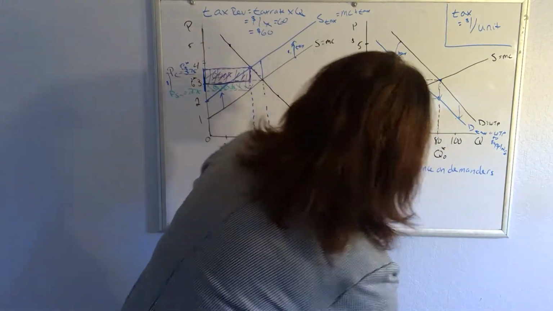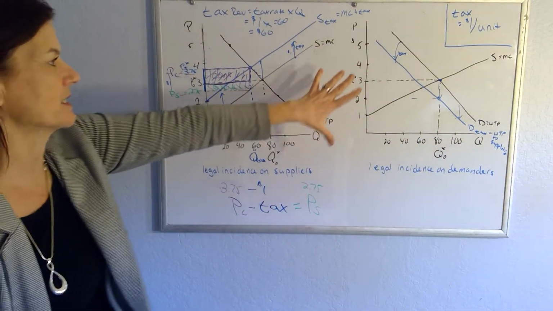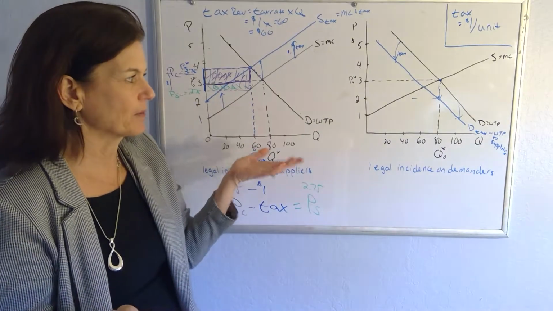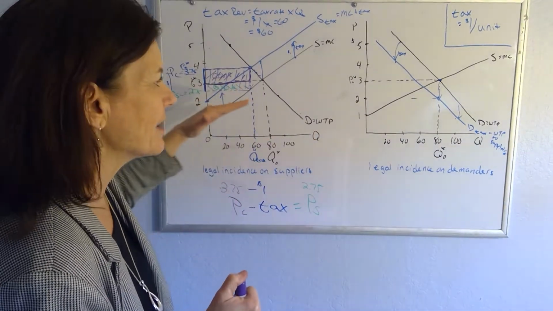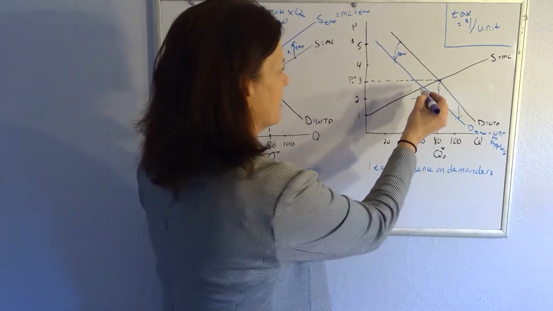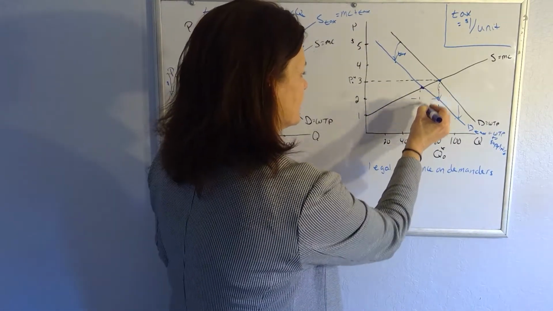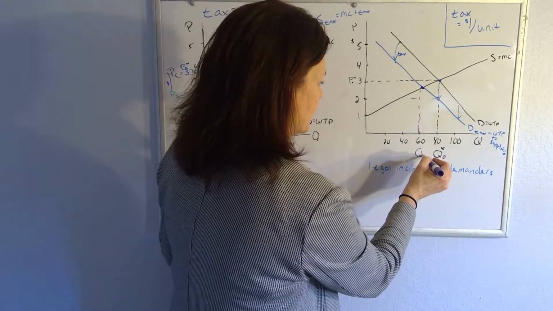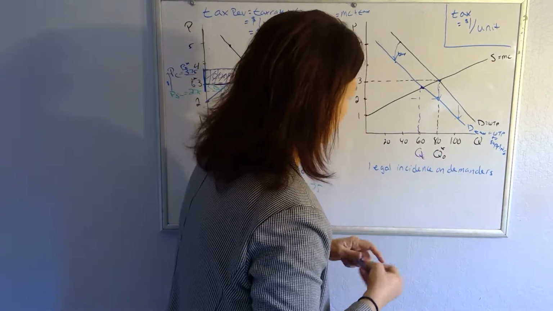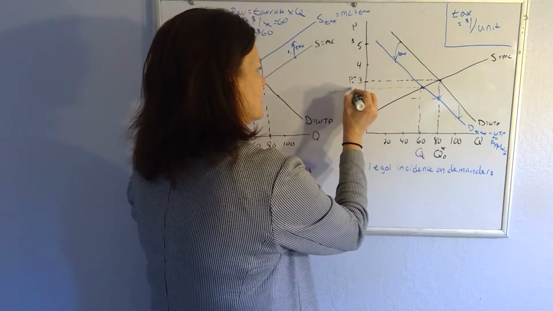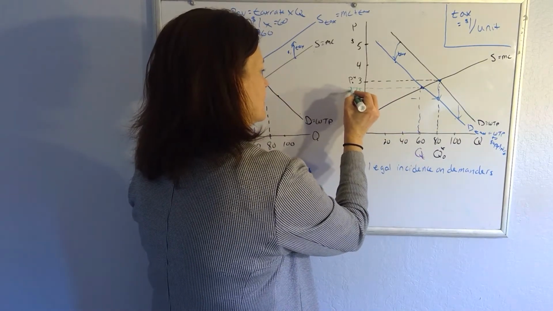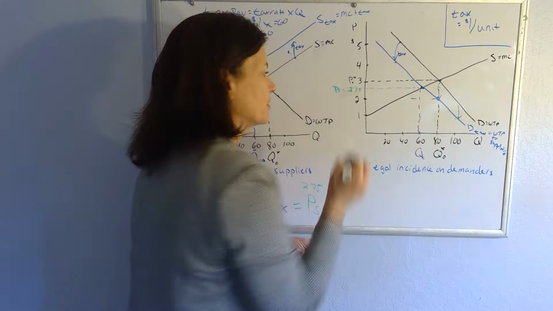We didn't use actual equations here, but you can take my word for it, and you can prove it to yourself. If we shift the demand curve down by $1, the decrease in quantity is the same, but now the market price is $2.75. That's what consumers pay to producers.